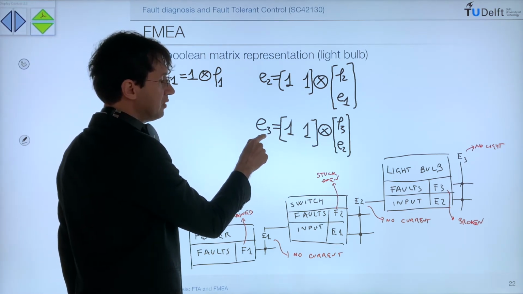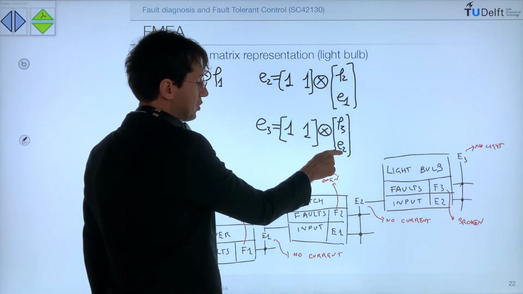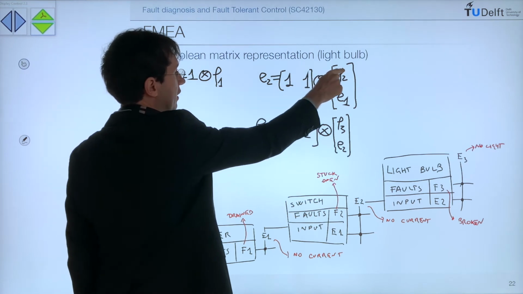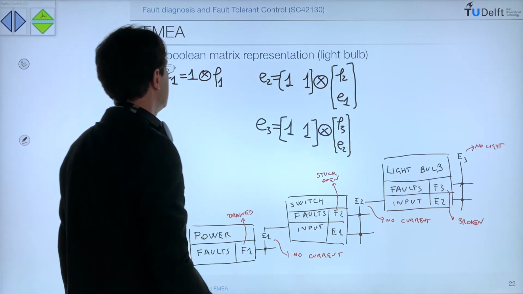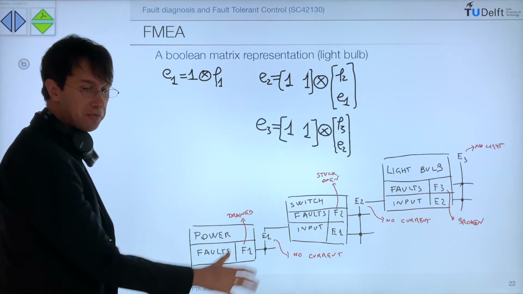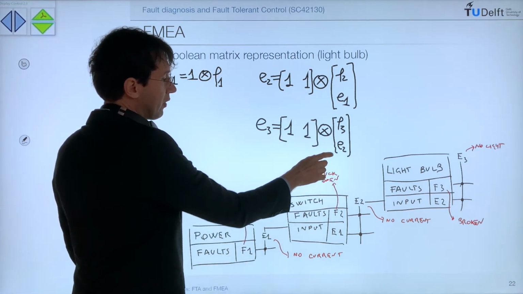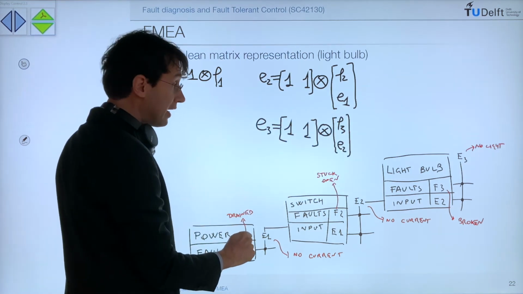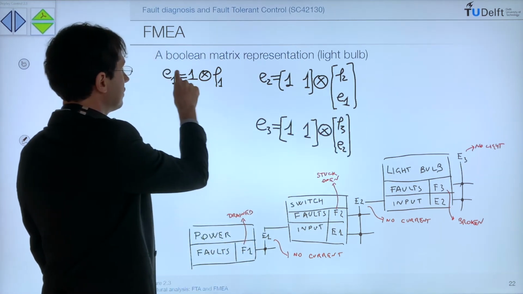So in E3, we see that we have E2. But E2 can be computed in terms of F2 and E1. And E1 can be computed in terms of F1. So if we start from this expression, we replace the expression for E2 here. And then we will get something that contains E1.